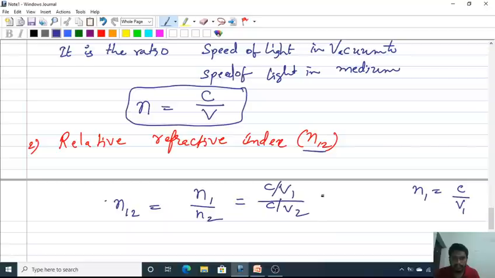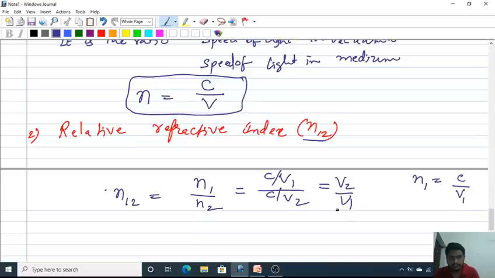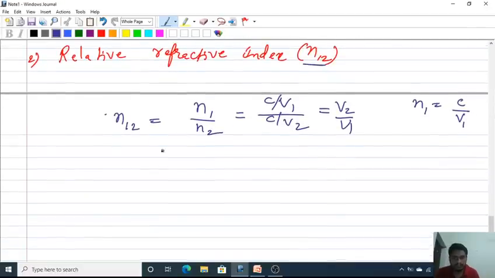Therefore it can also be written as v2 by v1, another expression for the refractive index. And from the previous chapter we know there is a relation between the speed of light, frequency and wavelength: in a vacuum c equals nu lambda, and in a medium the speed of light can be written as nu into lambda.